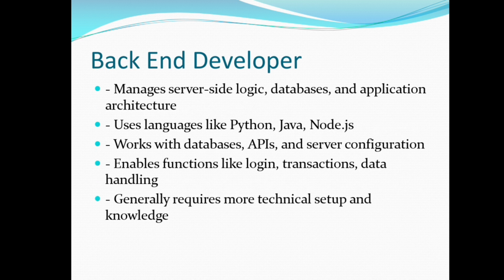So what is the backend developer role? The backend is the cooking team. If they don't cook properly, what happens? The customer will not be satisfied. Everything goes down, right? The main thing is the backend, that is nothing but the cooking team. If they cook properly with tasty food, you'll get more customers. In the same way, for backend we need to learn Python, Java, Node.js.